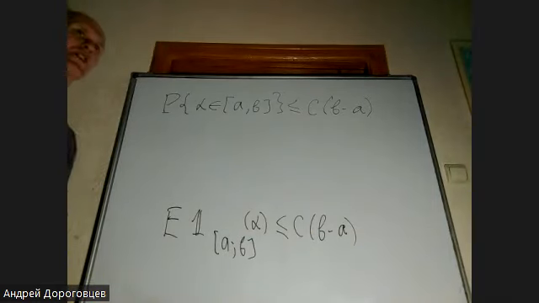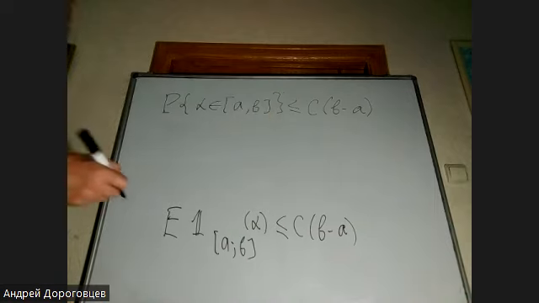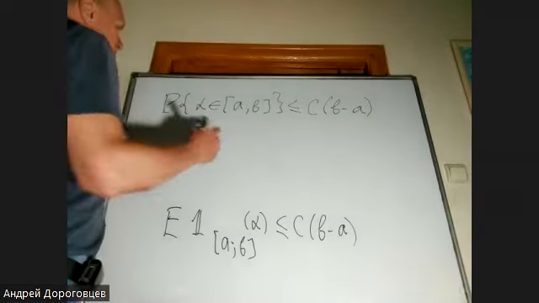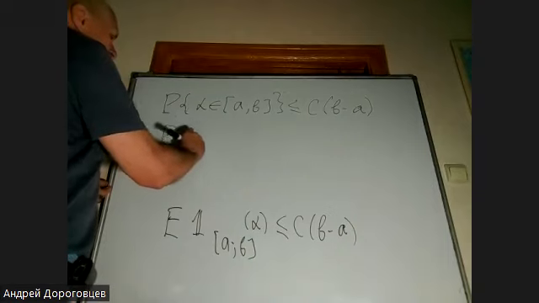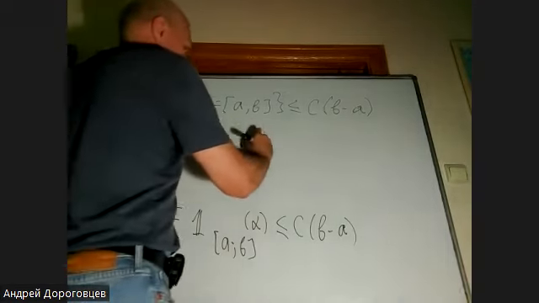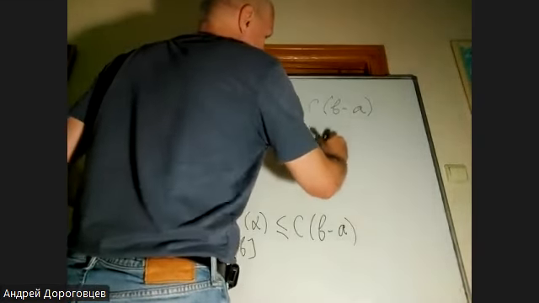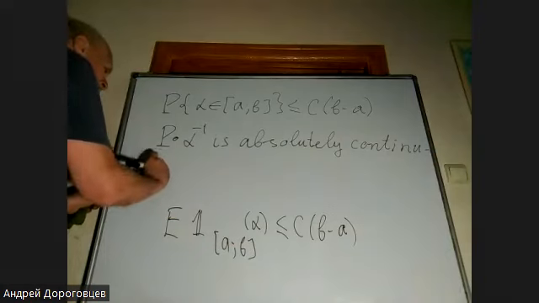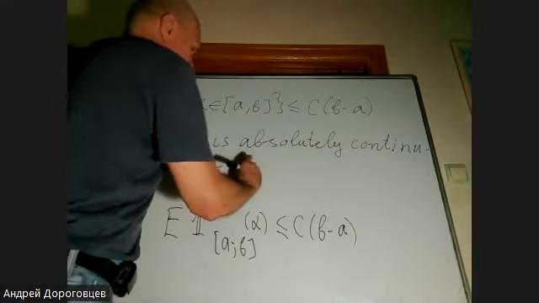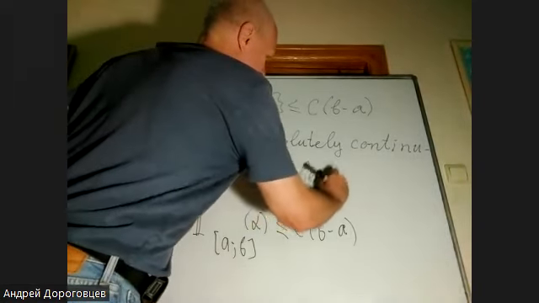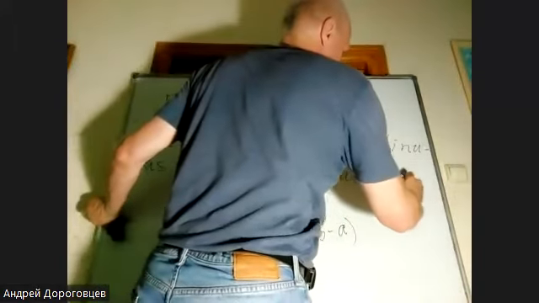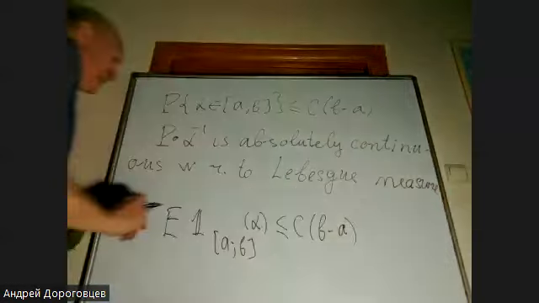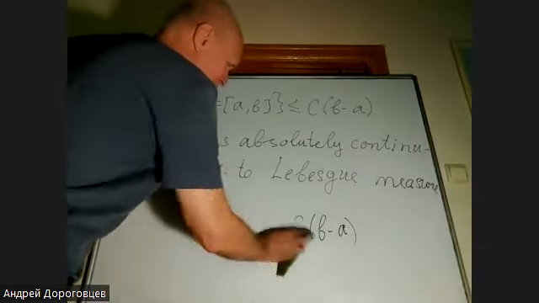Actually, this means that our distribution is absolutely continuous with respect to the Lebesgue measure due to this fact, and even more, it means that the obtained density of alpha is absolutely continuous with respect to Lebesgue measure. And moreover, the density is not greater than this constant C.